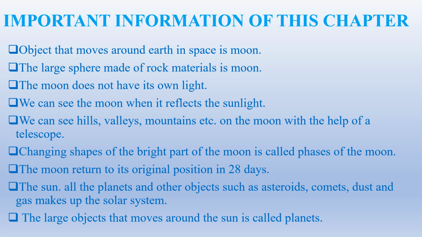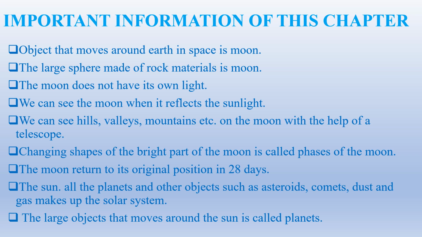We can see hills, valleys, mountains, etc. on the moon with the help of a telescope, of course. Changing shapes of the bright part of the moon is called phases of the moon. The moon returns to its original position in 28 days.